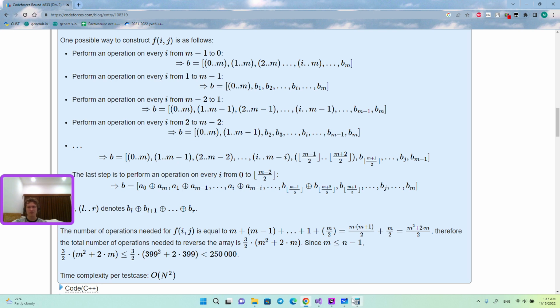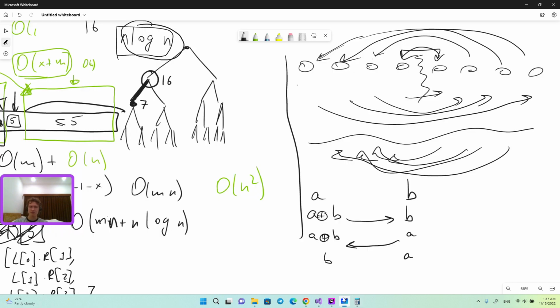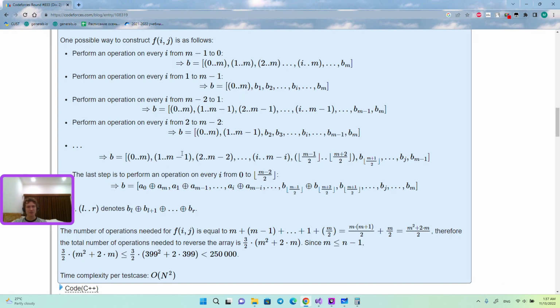For example, this is from 0 to m, the XOR of all elements from 0 to m. And this is XOR of all elements from 1 to m minus 1. If we apply it here, then we get only 0 and m, but not everything in between. And doing it from left to right, we just get the thing that we needed. Okay, correct.